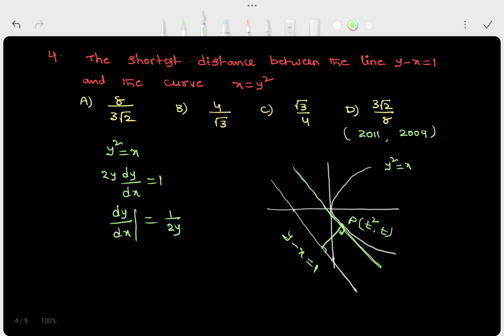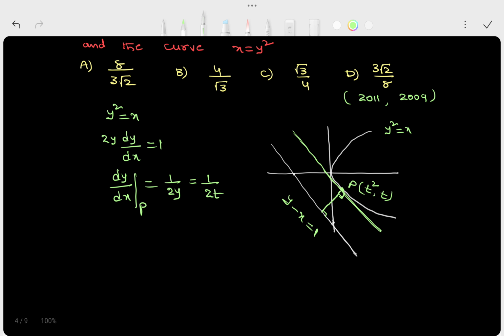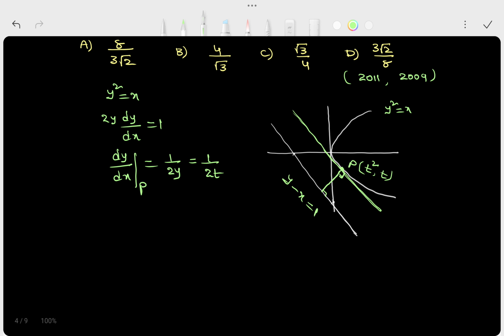So dy by dx at that point P: the y value is equal to t, so this is 1 by 2t. Now according to the diagram, the tangent is parallel to the line, which means their slopes are equal. Therefore, the slope of the tangent is equal to the slope of the given line.